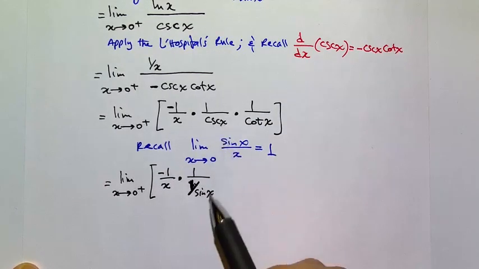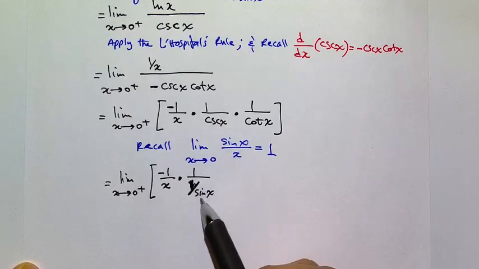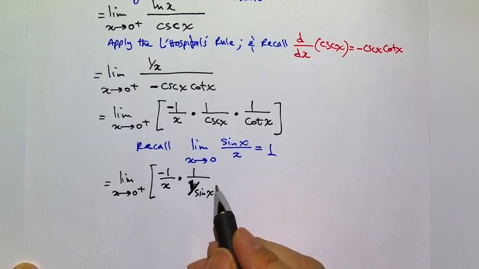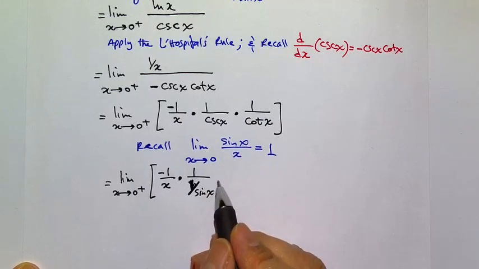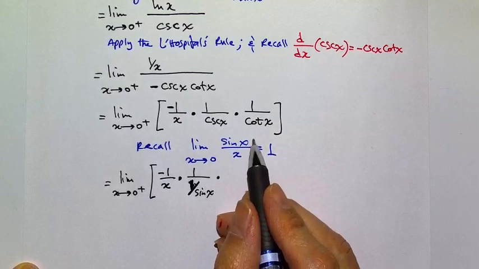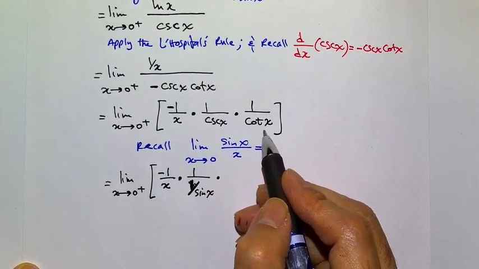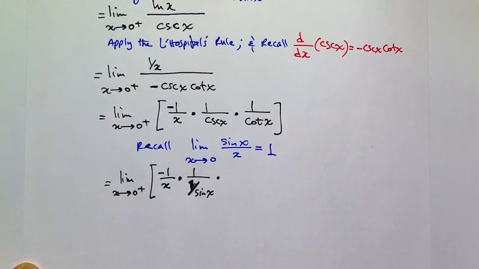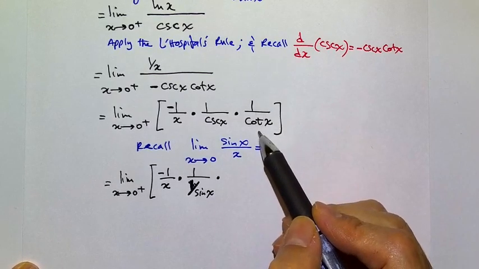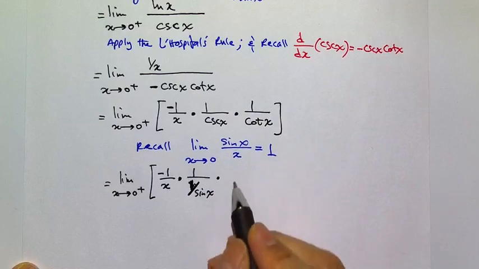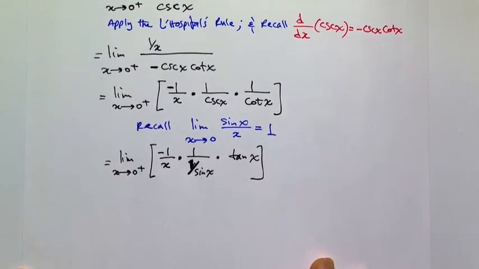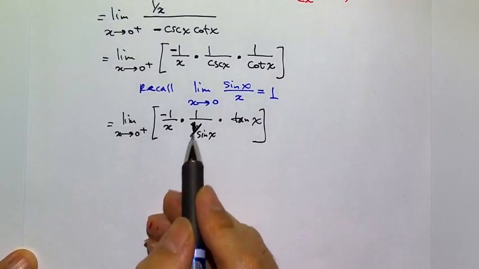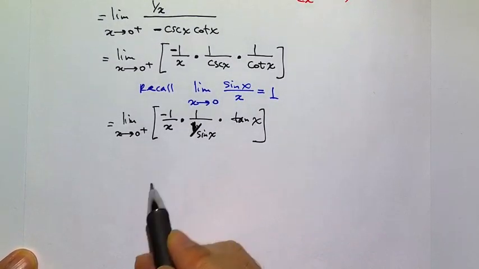So this cosecant of x is 1 over sine of x, and then 1 over sine of x times 1 over cotangent of x. By the way, the tangent and cotangent are reciprocal functions, right? So 1 over cotangent of x is equivalent to tangent of x. So I'll just write it like that, and I will clean this up later.